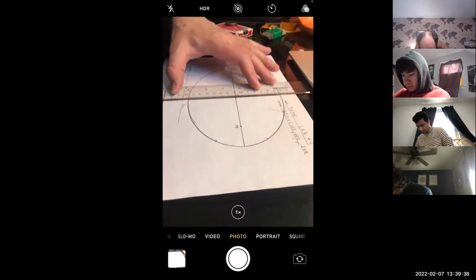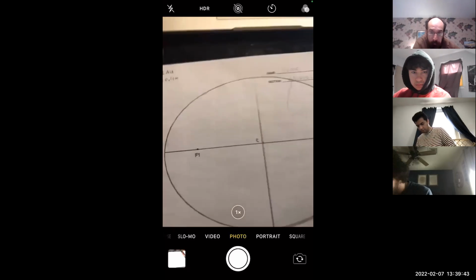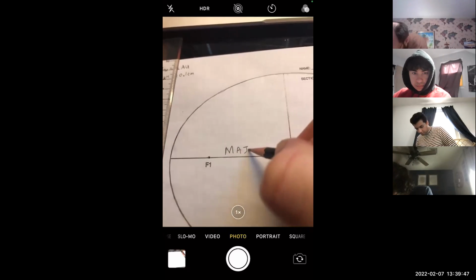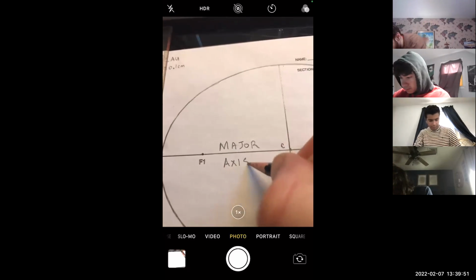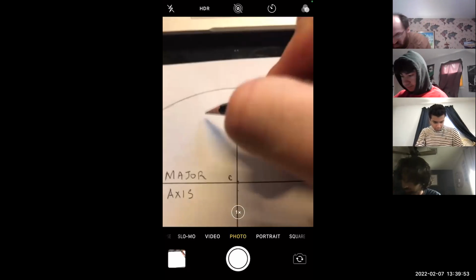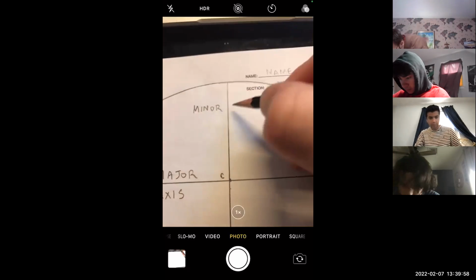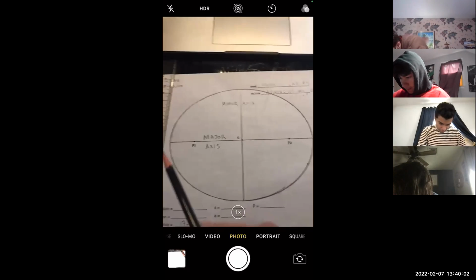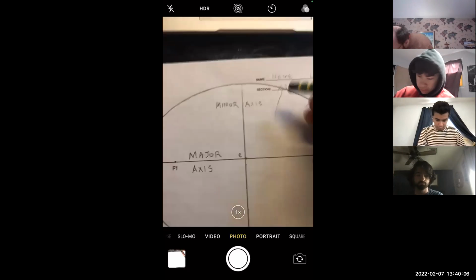Now I can label this as the major axis. You should do everything that I do here. And we're going to label here the minor axis. The major is the long football axis. The minor axis is the short one.